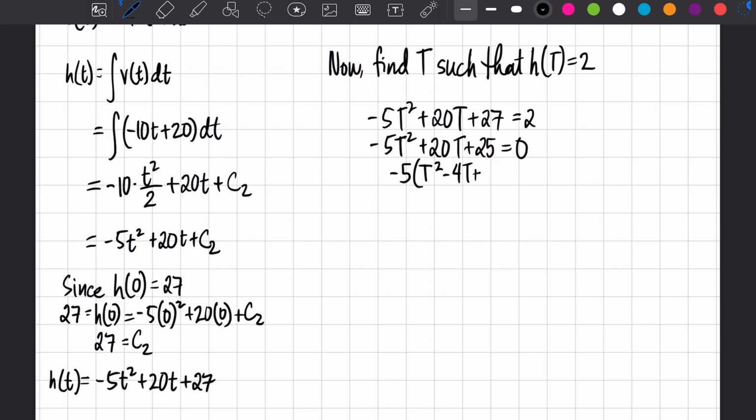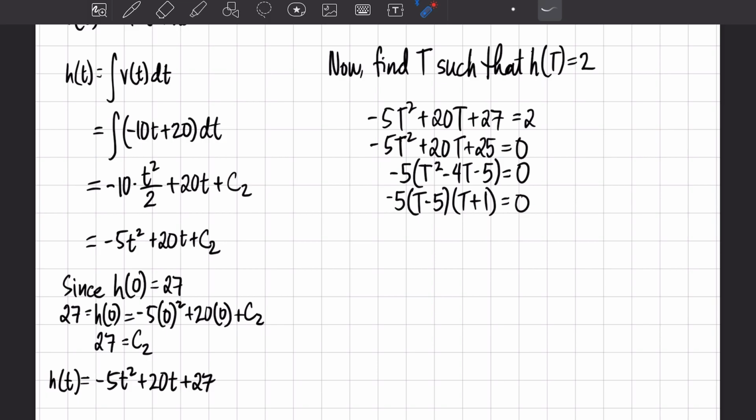Then 25 over negative 5 is negative 5. So you have t squared minus 4t minus 5 equals 0. This one right here, we can factor as t minus 5 times t plus 1 equals 0.